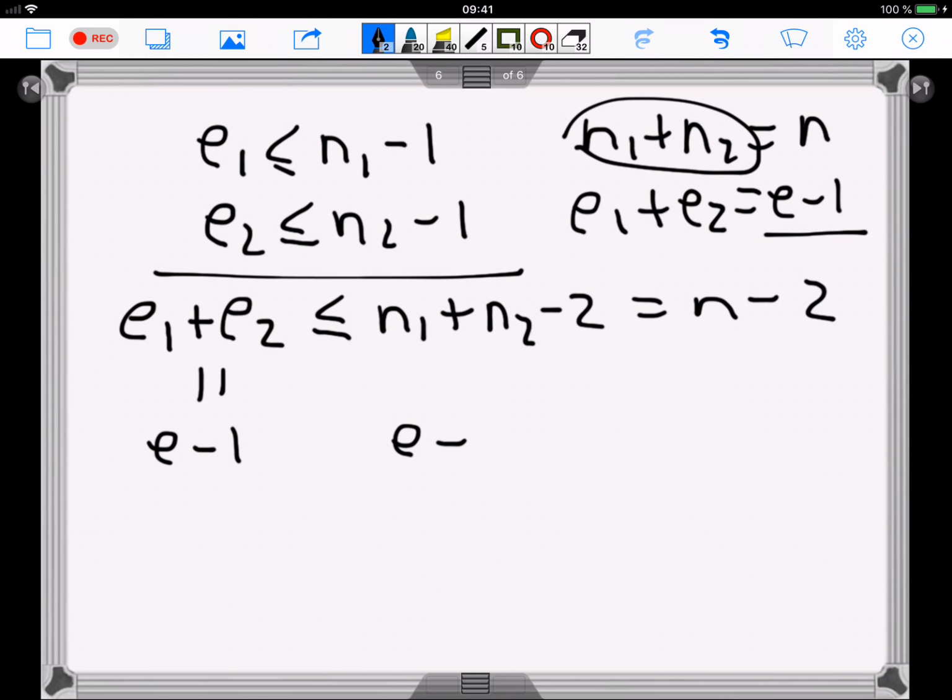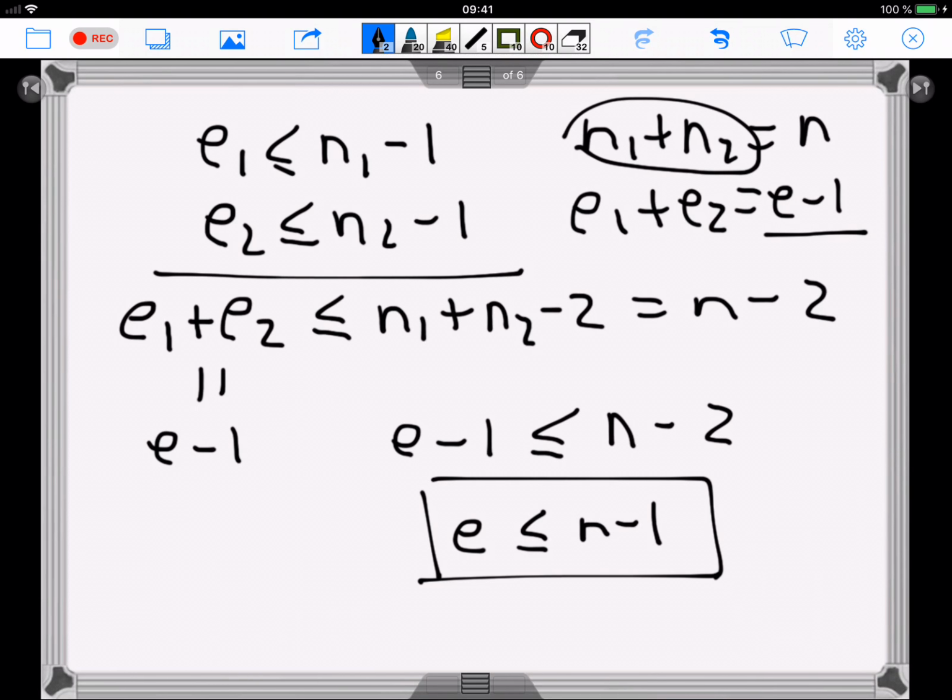So I get E minus 1 less than or equal to n minus 2. And if I add 1 to both sides of the inequality, I get exactly E less than or equal to n minus 1, which is what I wanted to prove. Okay? So this is the way in which we can prove this result.